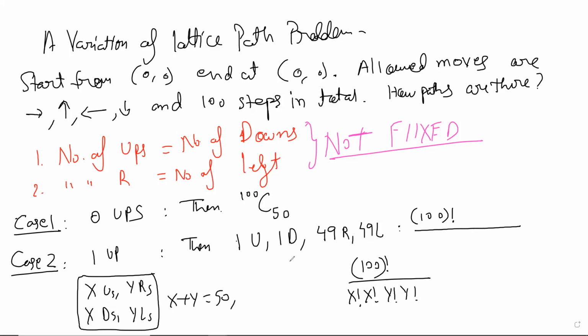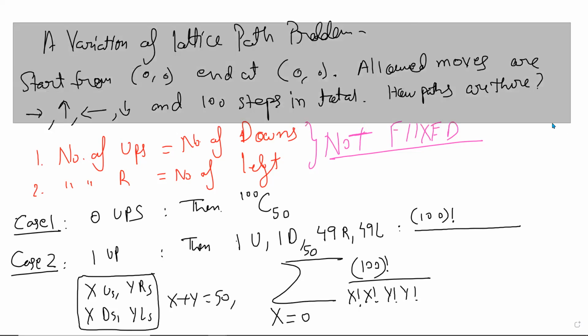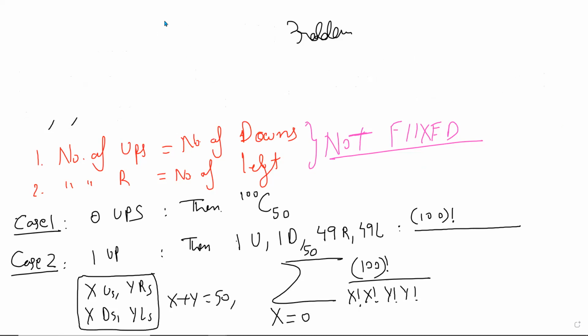So I'm just writing summation notation, where x goes from 0 to 50. To write a few terms, this is what it will be like. Eventually you'll get a very crisp answer. Now the challenge is to get that answer directly.